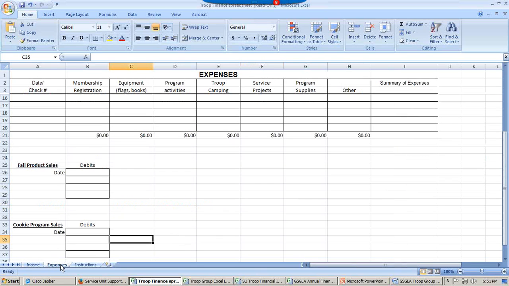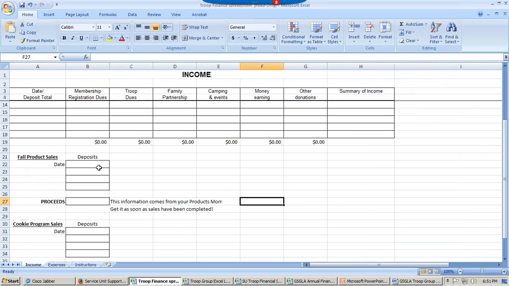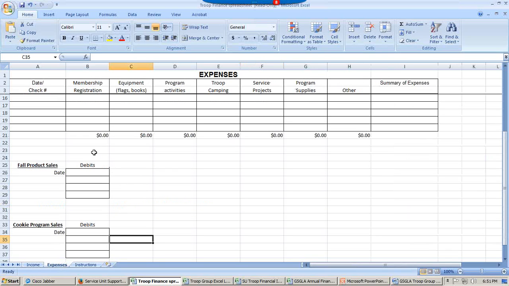Now, something that was done on this is if you want to track your expenses versus your income for your fall product, some people like to see what they've collected and then also have an expense for what they've paid to the council. This has a special section to do that. So, for those people that really like to do that, this is an option for you as well.